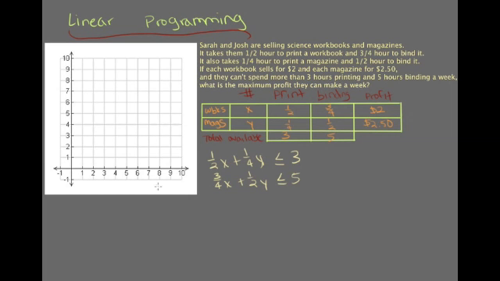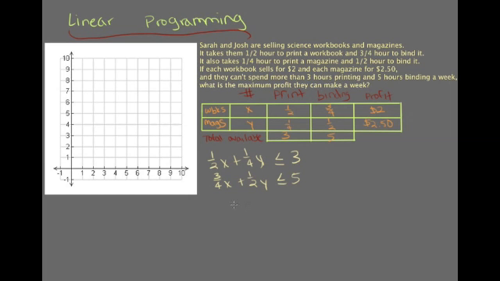Well, our last two inequalities are very simple ones. And those state that we can't have a number of books or magazines that is less than 0. We need to have a positive number of books and magazines, and that makes sense because you can't exactly sell -1 workbooks or -1 magazines.